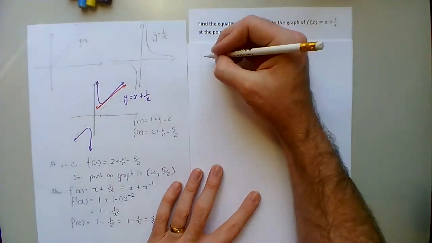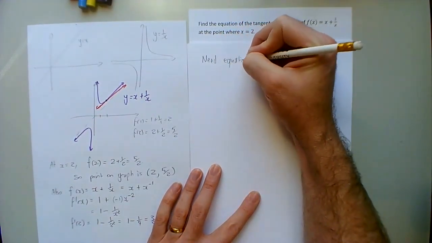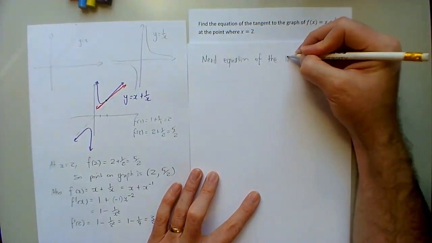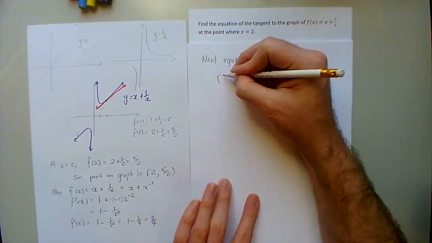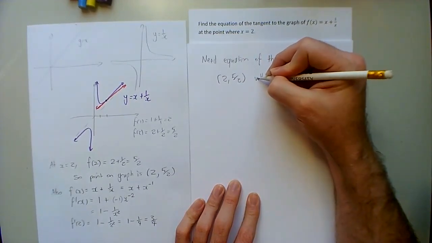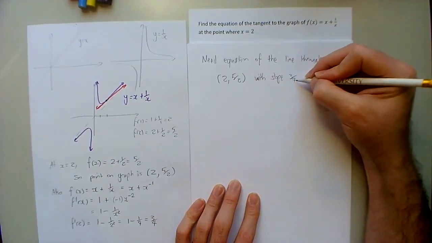So what I need is the equation of the line through (2, 5 over 2) with slope 3/4.